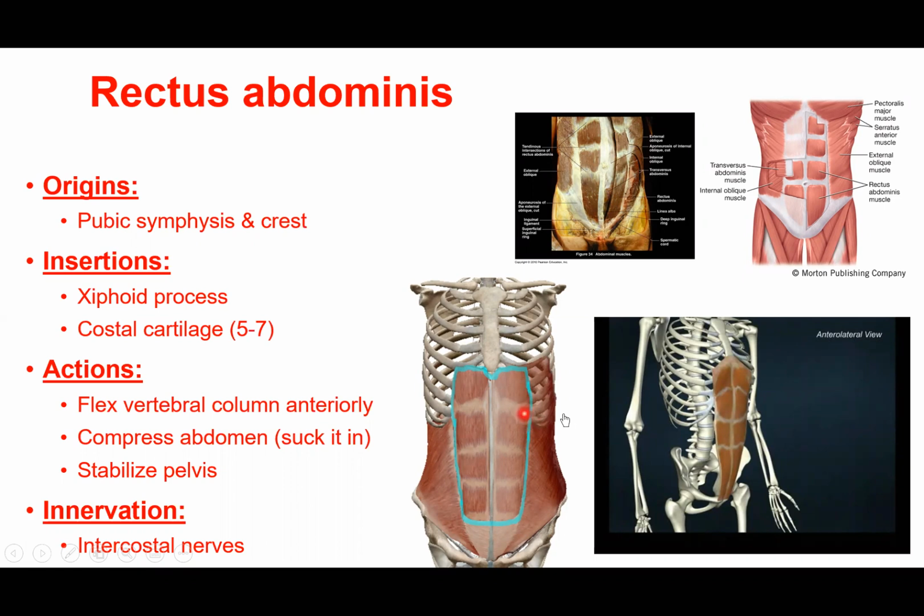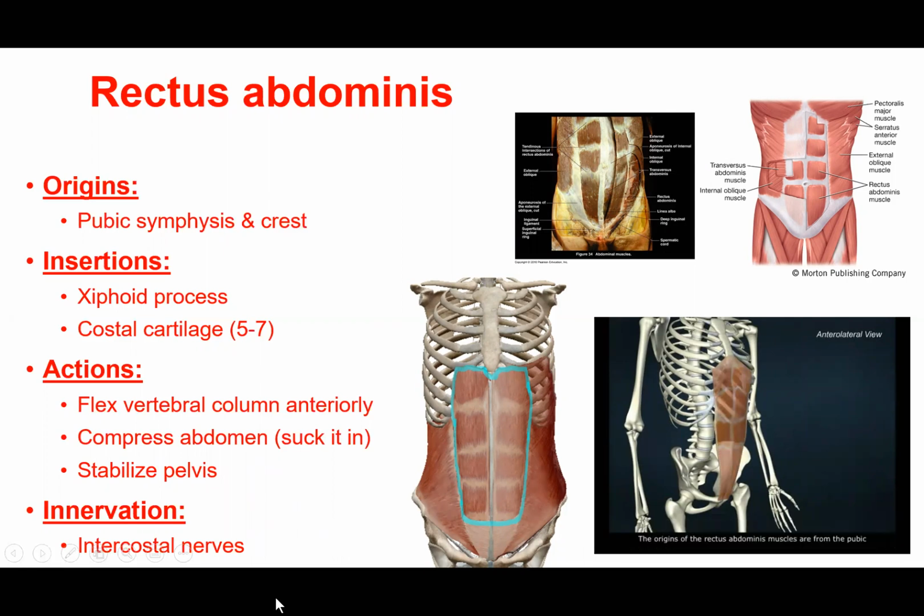It's innervated by our intercostal nerves, and so here's rectus abdominis on a cadaver image, here and here. Rectus abdominis on this image, and notice that rectus abdominis muscle is slightly deep to the fascia of the external oblique muscle. Okay, so let's watch this quick little video.